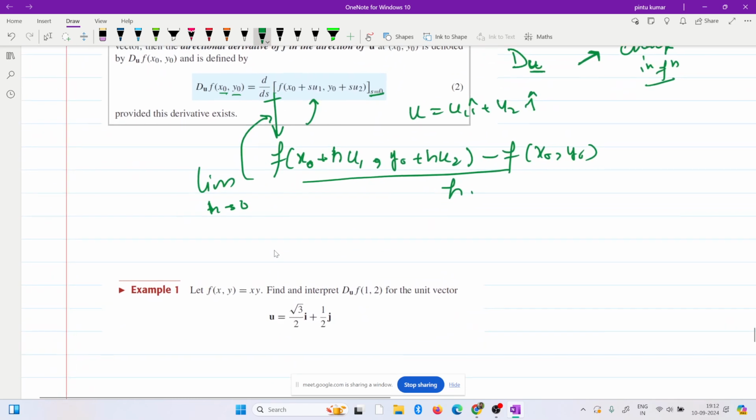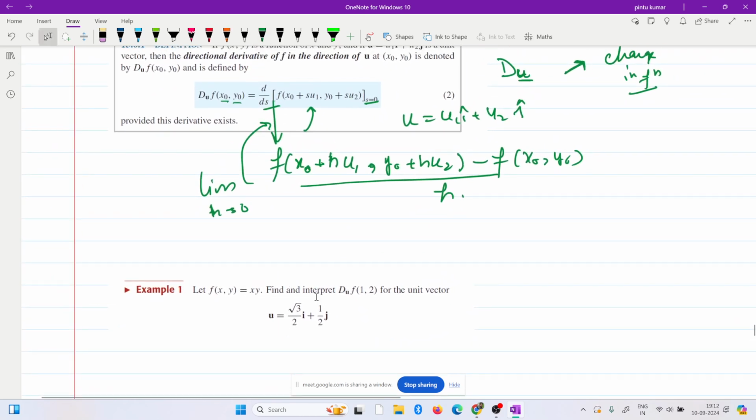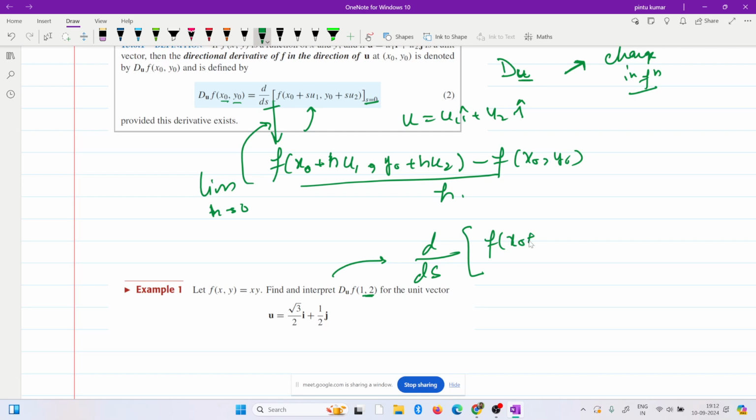Okay. So here is an example. You have been asked to find the derivative at this particular point, but let's say you first obtain the arbitrary derivative. So what you will do is you have to do this thing, del by del s, right? And f of x naught plus s u1 comma y naught plus s u2 at s is equal to 0.